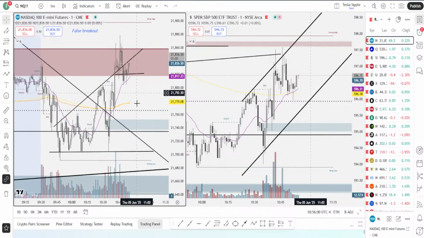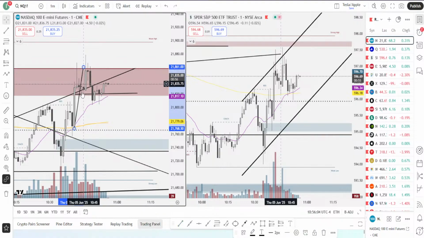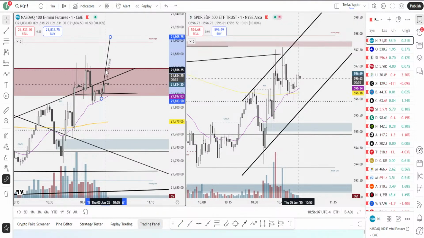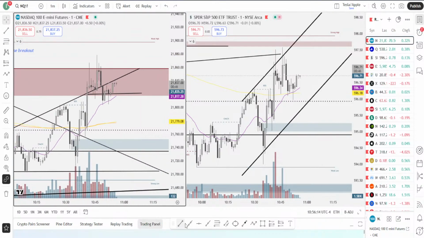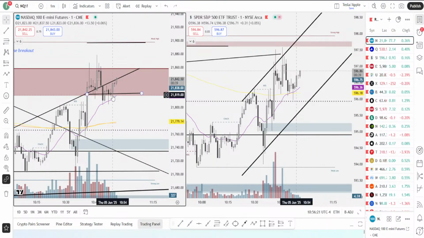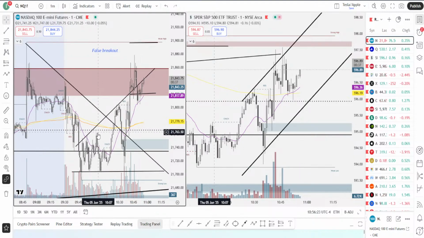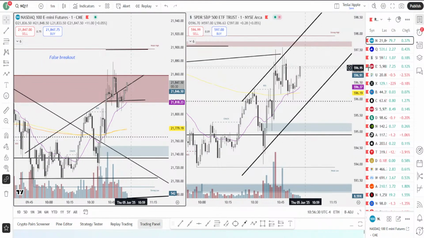Could be seeing a move higher here. Maybe we'll take out this high right here, the pre-market high. Looks like we're going for it, fellas.